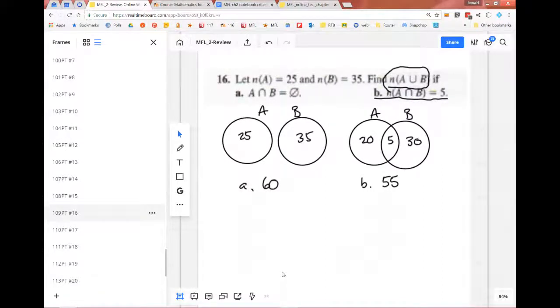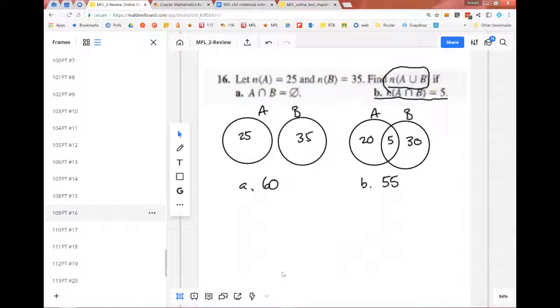The number of elements in set A is 25. The number in set B is 35. Find the number in A union B if, first of all, part A, the intersection of the two sets is nothing. That's what part A basically says, so they don't overlap.